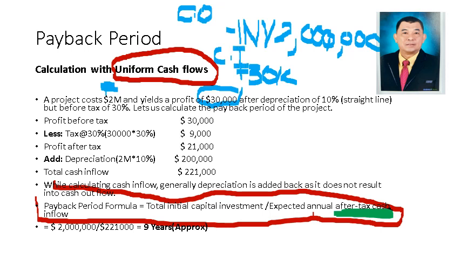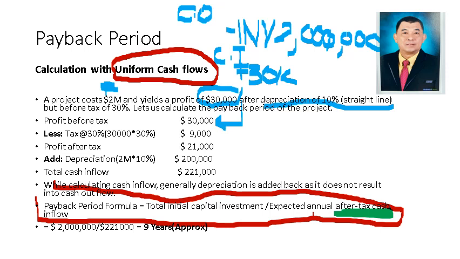So, there is a rule here that there is a depreciation of 10% straight line method, meaning you have to get the decimal of that depreciation rate and multiply it immediately with the total cost of the investment. So here is your 30,000 cash inflow before tax, no?